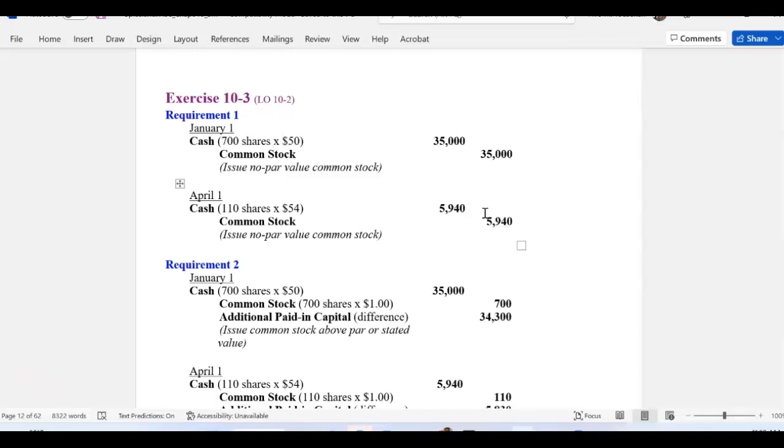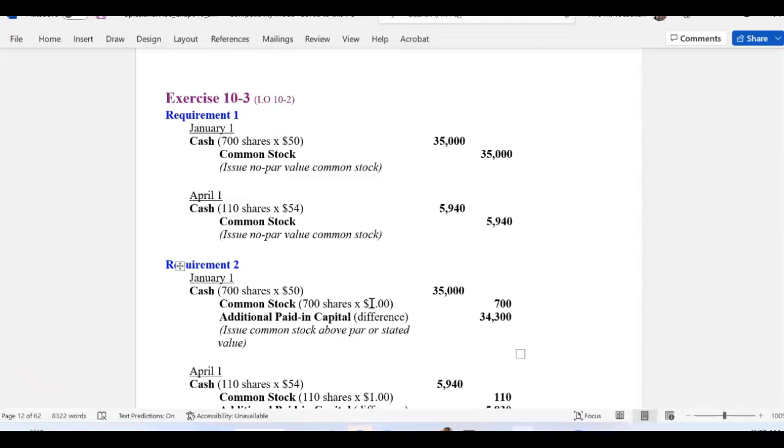This is very easy. However, if a par value is involved, then you have to separate the common stock based on the par value. Any additional cash that you raise by issuing common stock goes in additional paid in capital, common stock. So here is debit, cash $35,000, same as above.